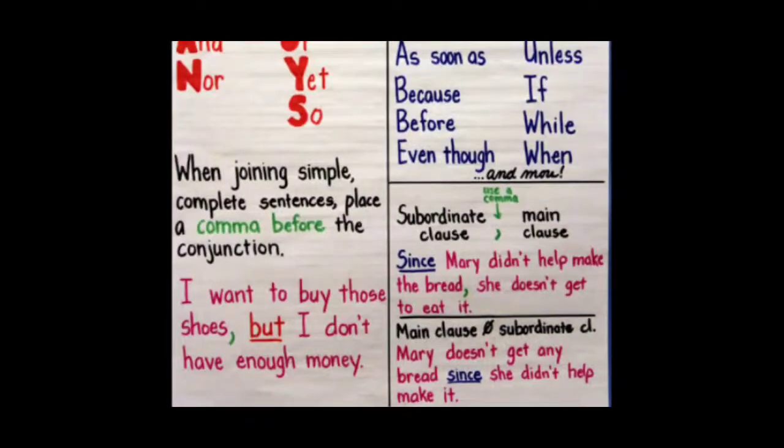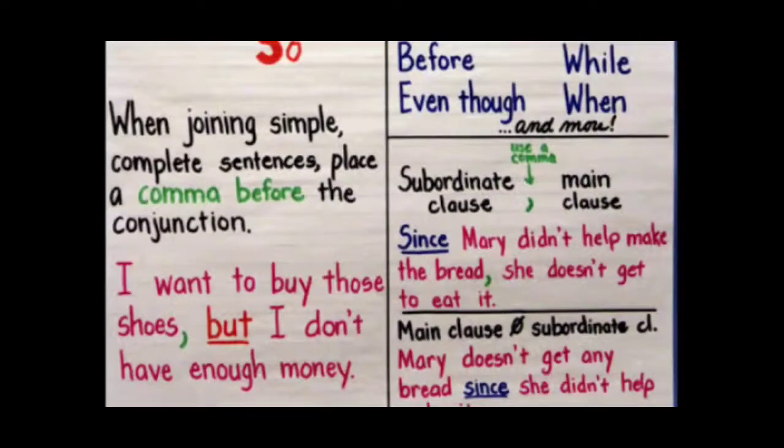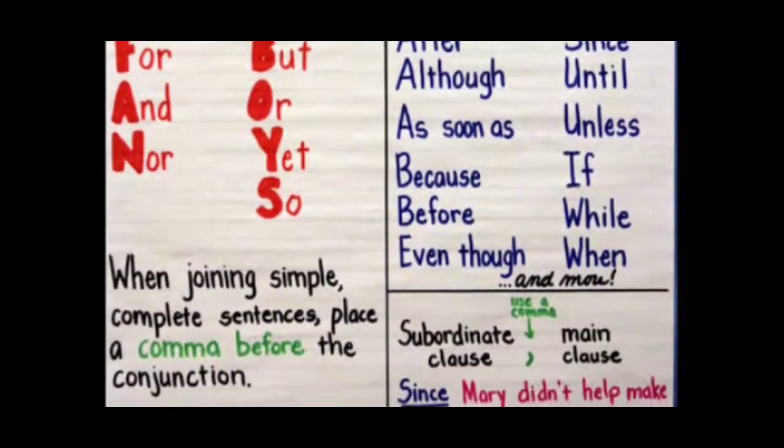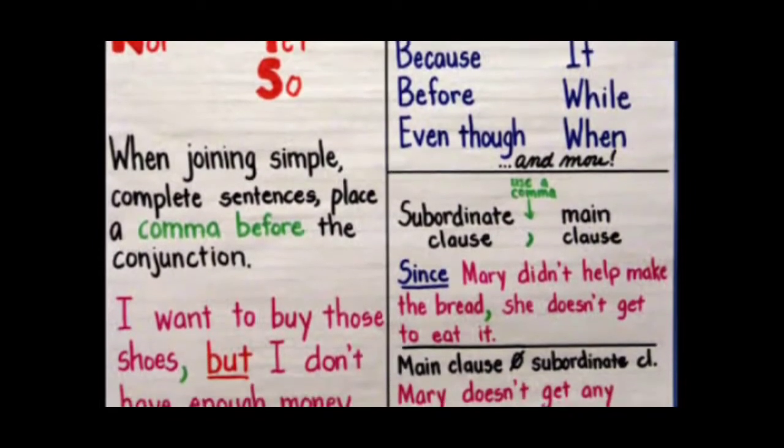If the sentence starts with the main clause and the subordinating conjunction is in the center, there is no need to use a comma. So these are the things you must understand, children. Coordinating conjunction can be used in the compound sentence and subordinating conjunction must be used in the complex sentence to join the simple sentences using the comma. So comma as a punctuation is very, very important.